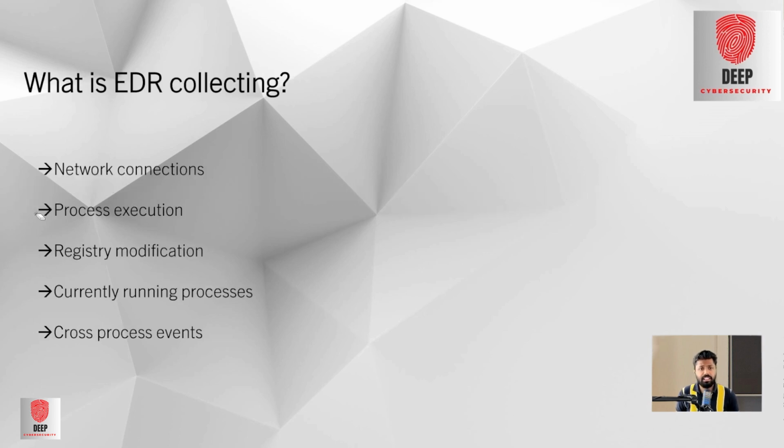Next, we will see what an EDR agent is collecting from an endpoint, right? So we can see it collects data of network connections that were made by the agent. It collects data from process execution, that is, what processes are executed by the endpoint. It also collects data from registry modification, right? If there is any registry data that is being modified by any file in that endpoint.